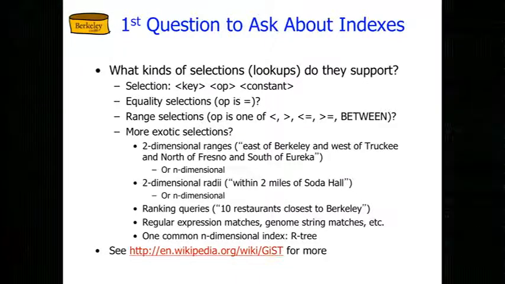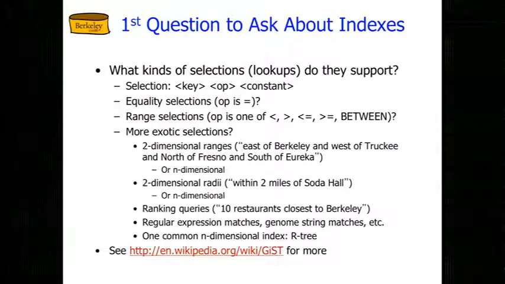Many indexes will support one-dimensional range selections. And in that case, the operator could be less than or greater than or between, which is a range, right? Certain regular expressions translate to ranges, like starts with a W, right? Okay. But there are also indexes for more exotic selections. Most typically, you'll see indexes for multi-dimensional spaces, like maps are 2-dimensional indexes very often, okay?